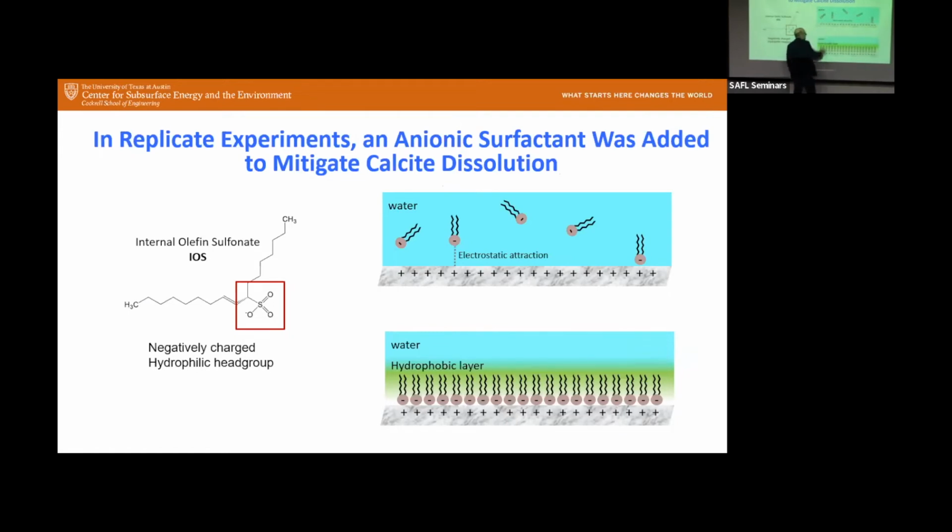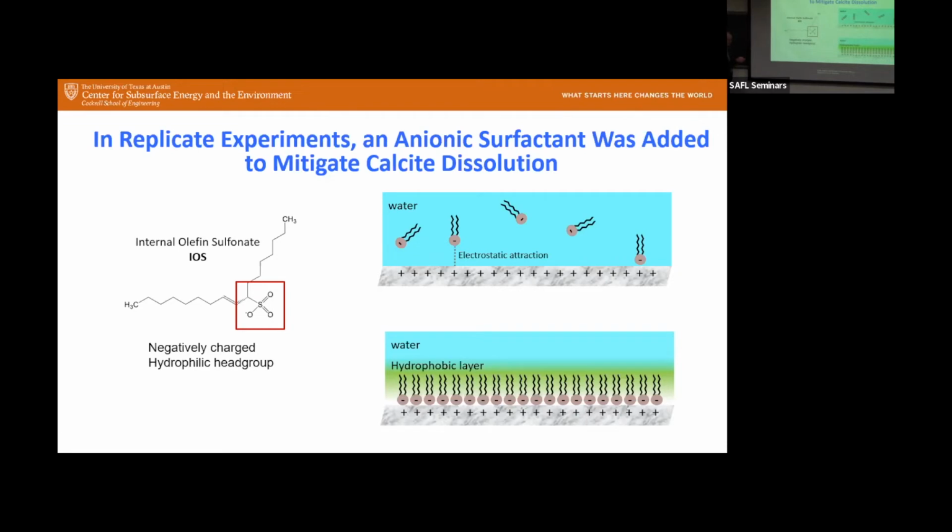It has two hydrocarbon chains hanging off of it. And so you'd expect that it's going to adsorb electrostatically to this positively charged surface. The original idea we had, and I'll get into more detail on this, was that this IOS would adsorb to the carbonate and protect it from attack by the carbonic acid, the water, or the proton. That was our original, kind of crude hypothesis.